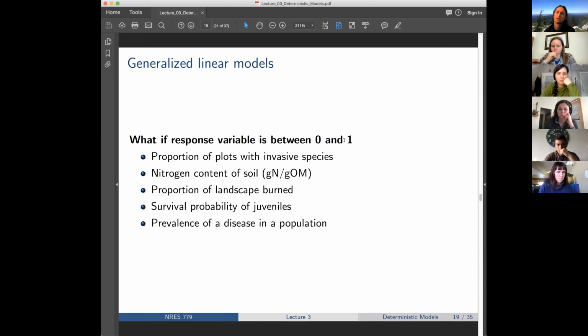Have you heard of that term? Beta regression. Beta is a distribution. The beta distribution is a distribution whose support is any value between 0 and 1. So if you have response values that fall between 0 and 1, then we can use beta regression to model those without transforming to the normal scale.